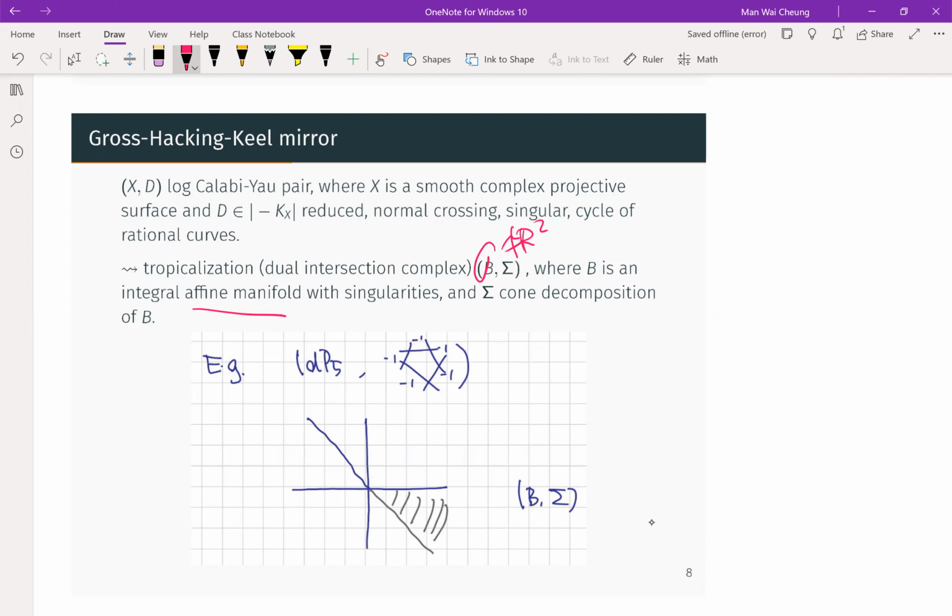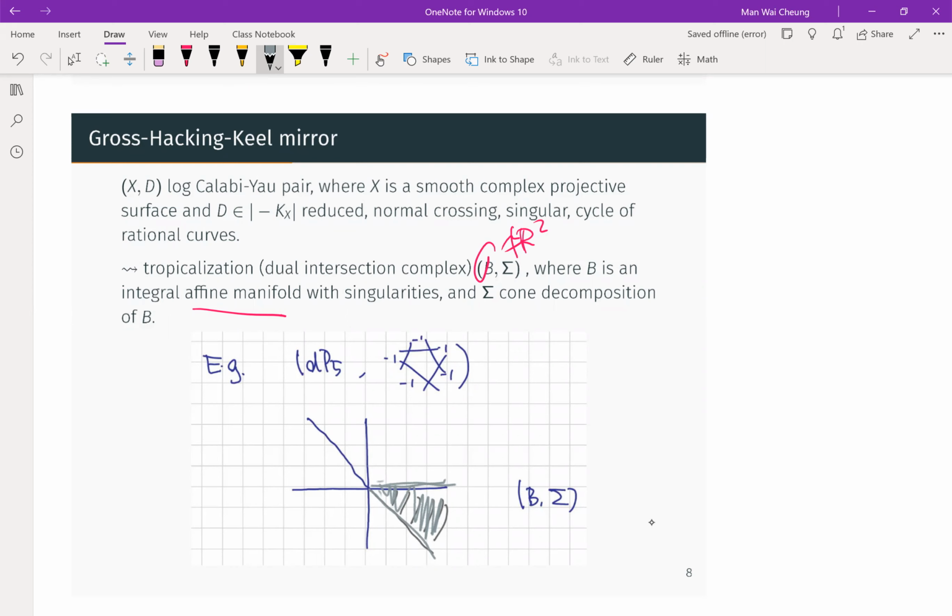What do I mean here? You can see I have this gray region here, which is actually the affine structure that puts this line with this line, the positive x-axis. So you can see it's not fully R2, almost, but there's some affine structure on R2. So this is the tropicalization we have.